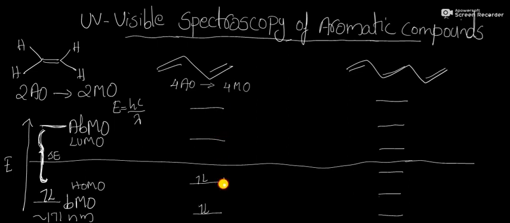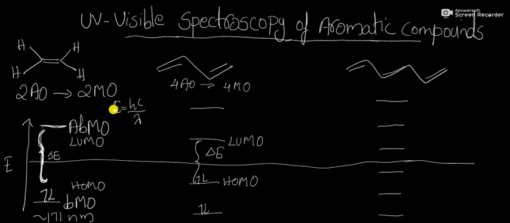And this is our HOMO, the highest occupied molecular orbital, and this is our LUMO, the lowest unoccupied molecular orbital. Here the energy difference between HOMO and LUMO, delta E, is smaller than in our previous molecule, ethene.